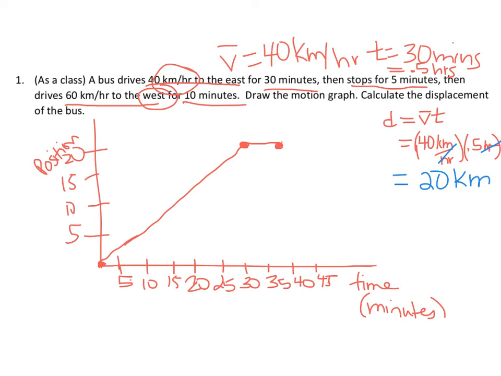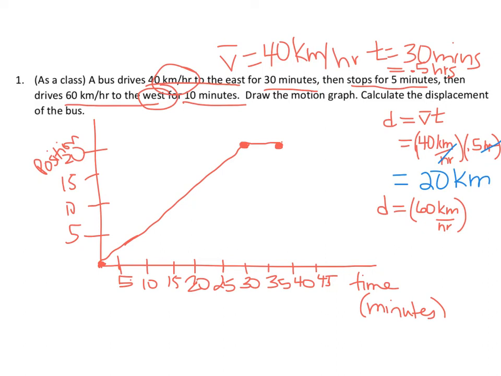So in this part, I want you to think about, you can pause the video if you want, try to figure out what that distance is actually going to be. So I'm going to use my same formula. I know that my velocity is 60 kilometers per hour. I don't actually have the time in hours.